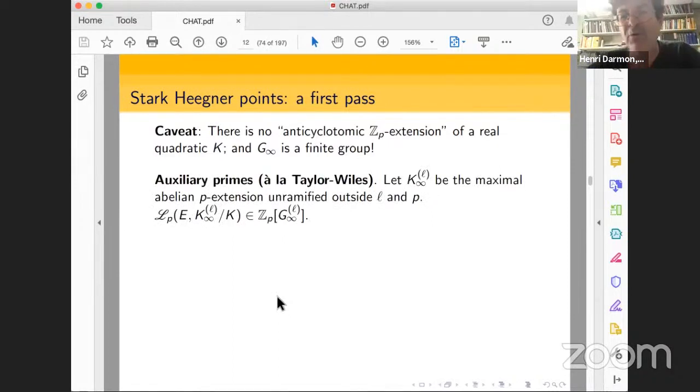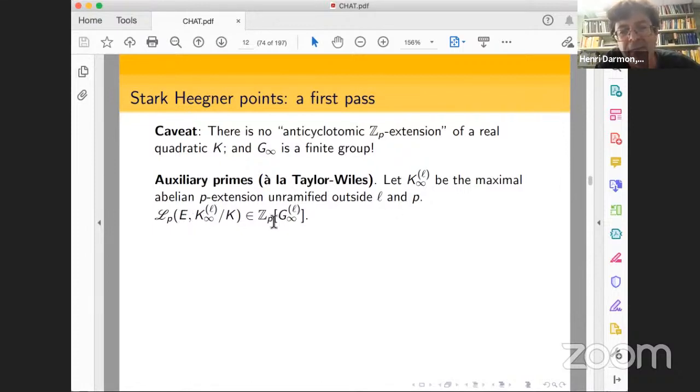So one way we could try to deal with that was to consider certain auxiliary extensions obtained by introducing auxiliary primes. And that was an idea that was natural in light of the Taylor-Wiles method. So we let K_infinity^L be an extension slightly larger than K_infinity, namely, we allowed extra ramification at L in addition to the prime p.